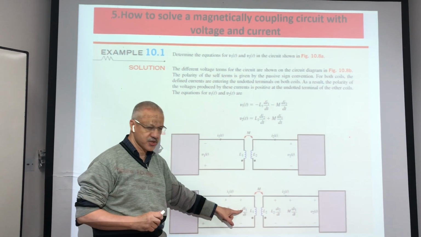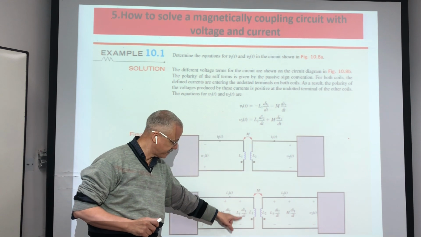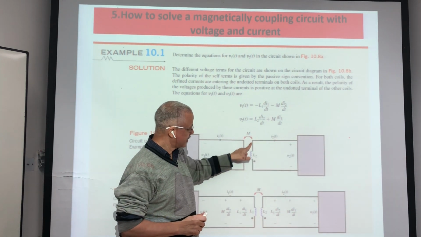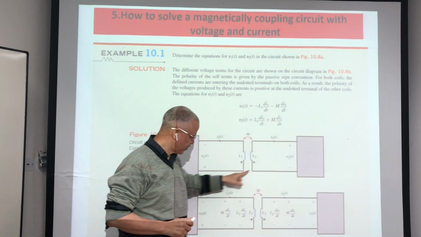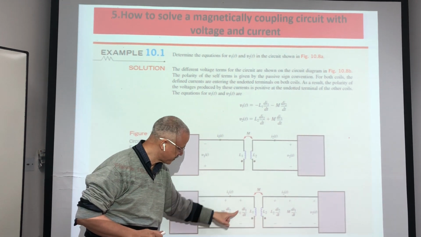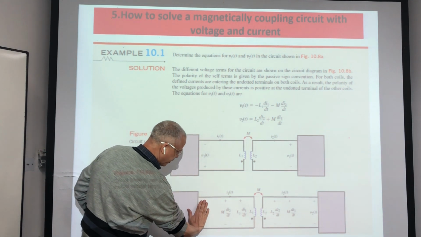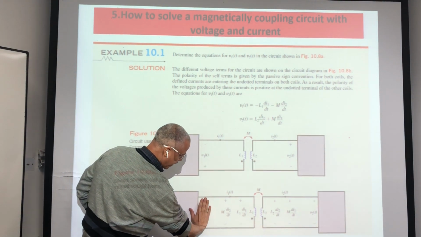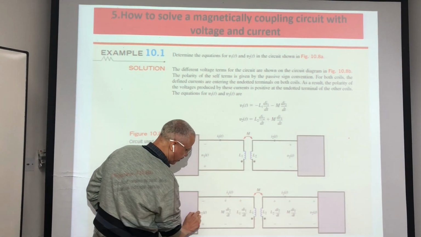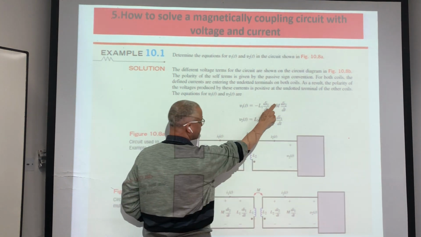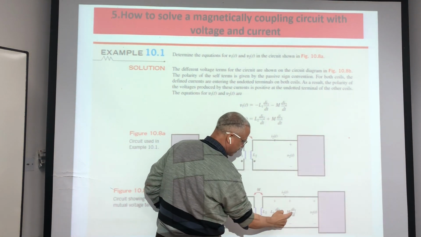Look here, the current leaves. So here, minus, minus positive. So minus M dI by dt. So here, assume V1 equals this one. So V1 equals minus, and this one, V2 equals plus.